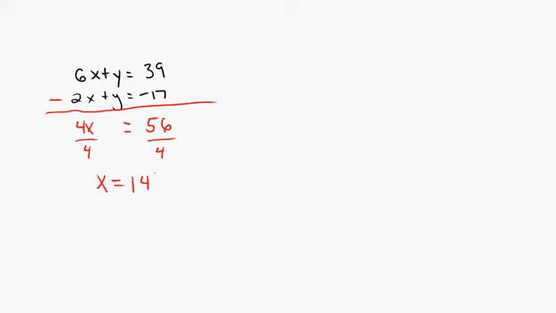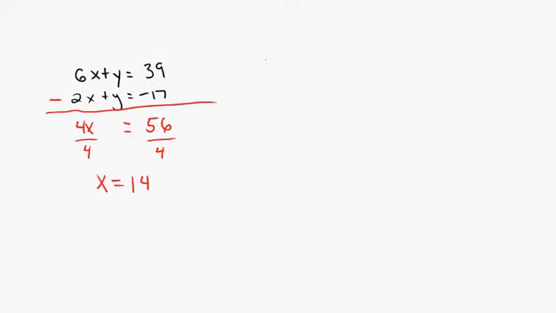Okay, so we have our x. Now we need to take our x and substitute it into one of the equations to find the y. Again, it could be the first one, it could be the second one. I think the last problem I did, I plugged it into the second one, so I'm going to show you I can just plug it into this first one, and we can find our y by plugging it in that way.